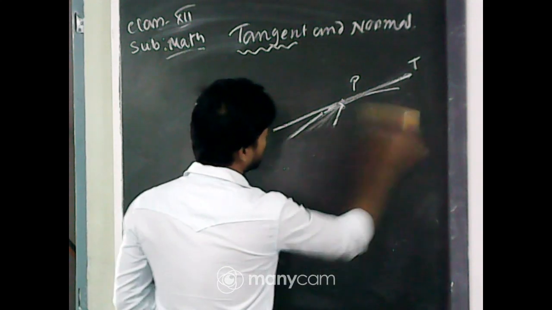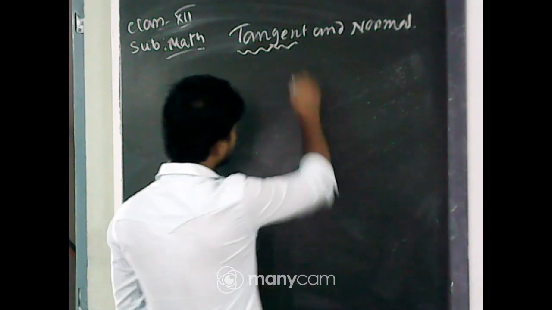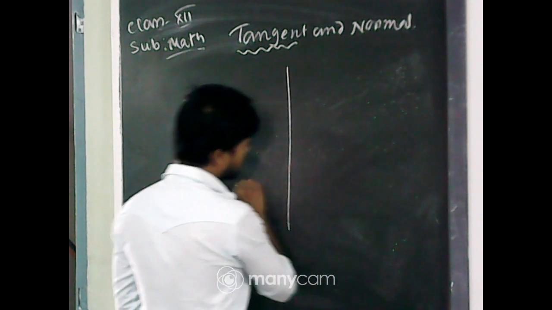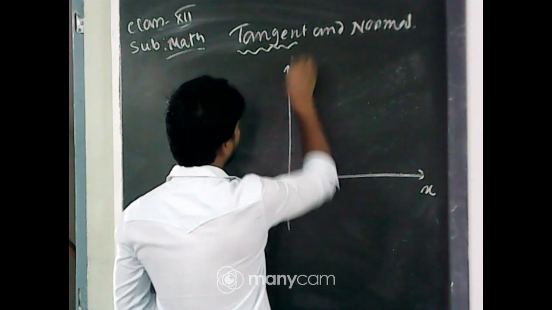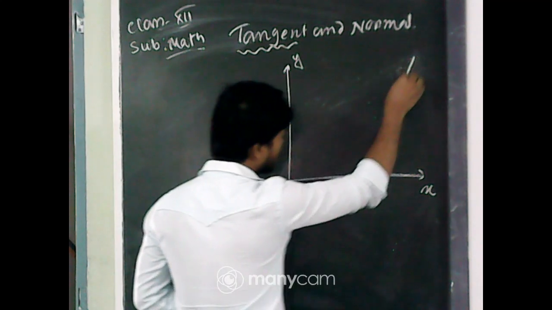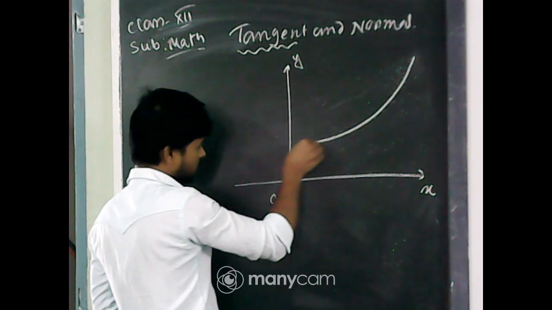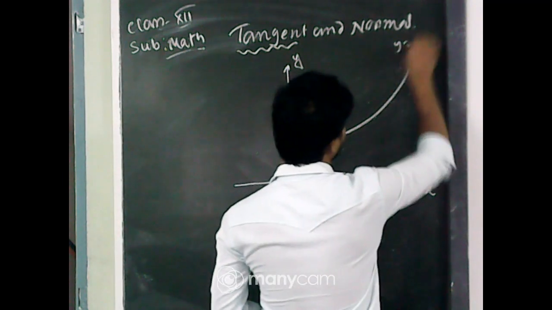Now we are going to establish the equation of tangent. So let us consider a set of rectangular axes. This is x, this is O, and this is y. Let a curve be like that, y equal to f of x.